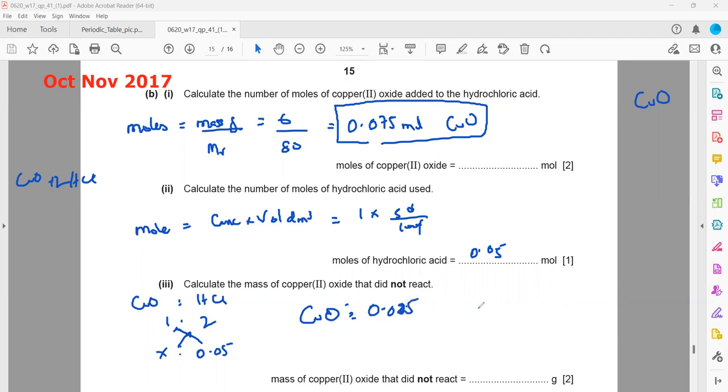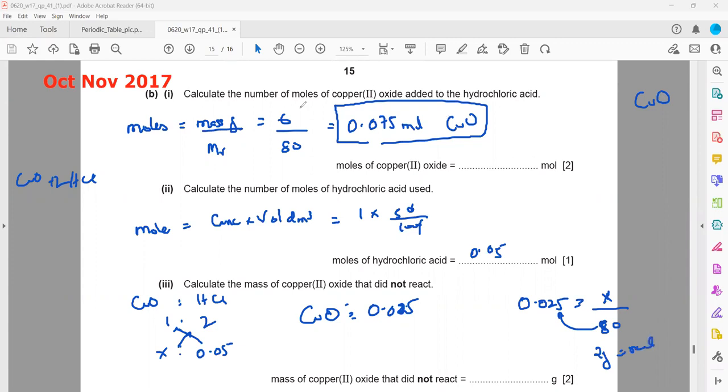Then I find what mass of copper oxide will react. So I use moles 0.025 equals mass in grams divided by molar mass. So 0.025 times 80. How much mass is reacted? 2, so 2 grams has reacted.